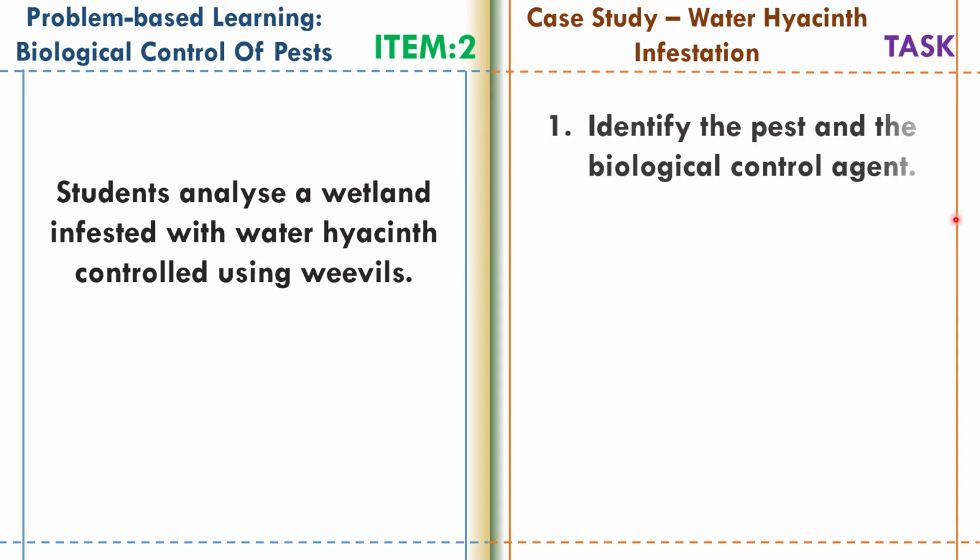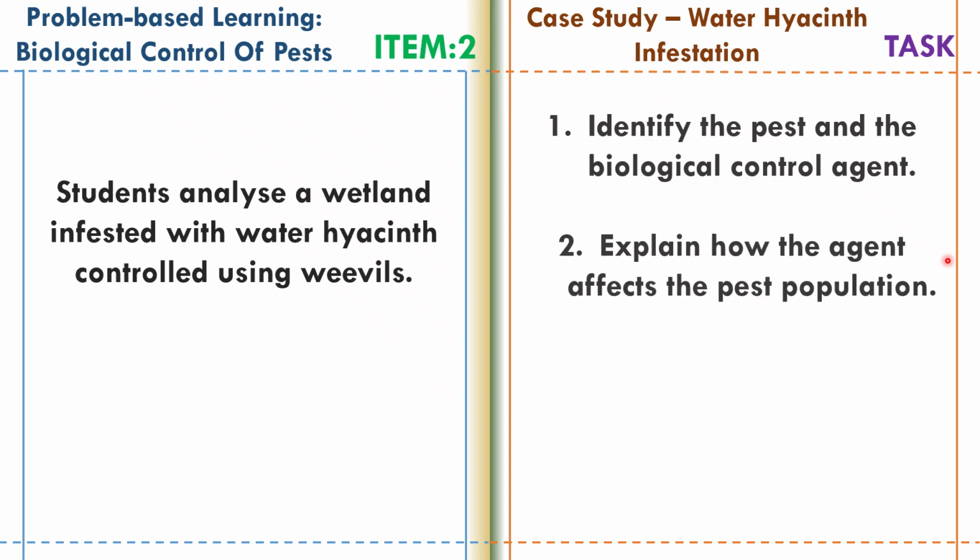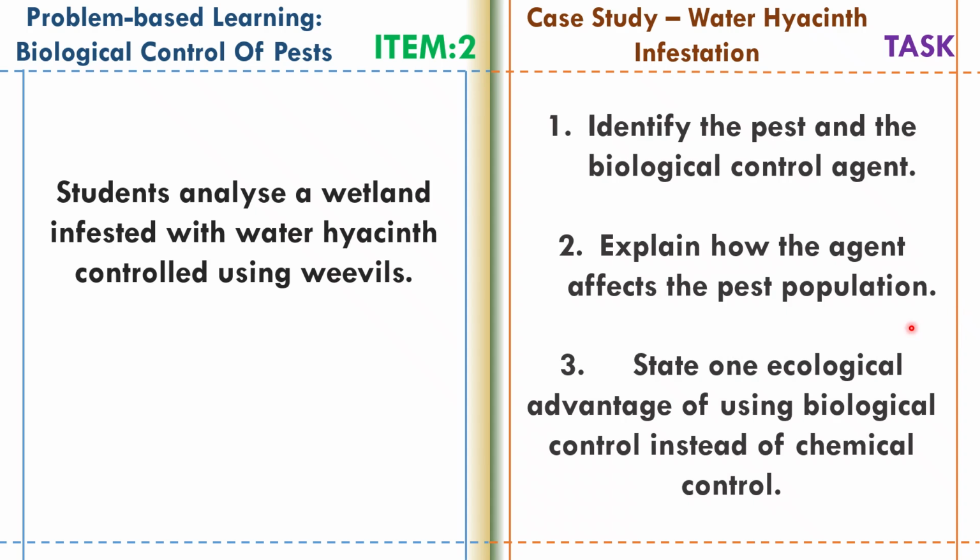Task: identify the pest and the biological control agent. Explain how the agent affects the pest population. State one ecological advantage of using biological control instead of chemical control.